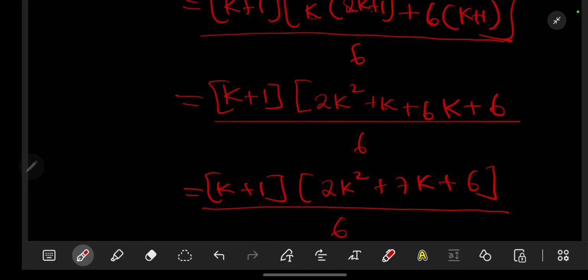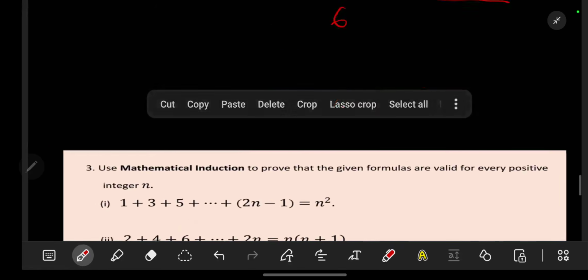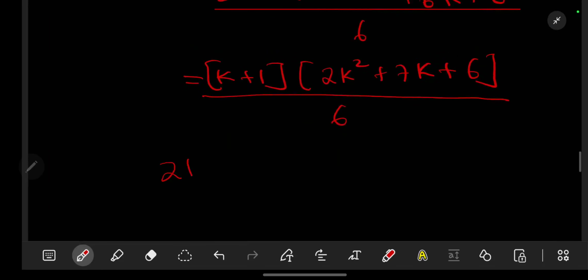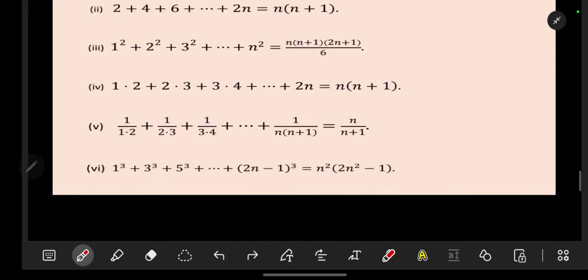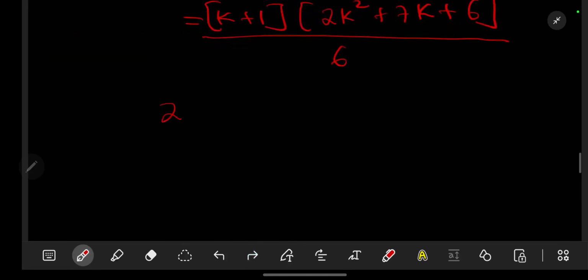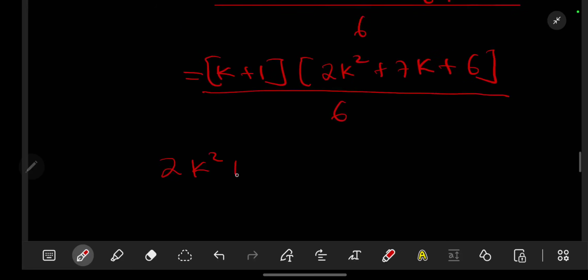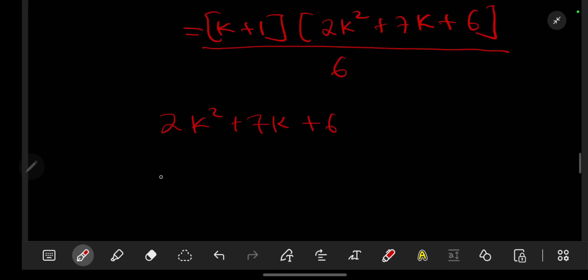So this being a quadratic expression, you can factorize it. So factorizing your 2k squared plus your 7k plus 6, the product should be equal to AC.